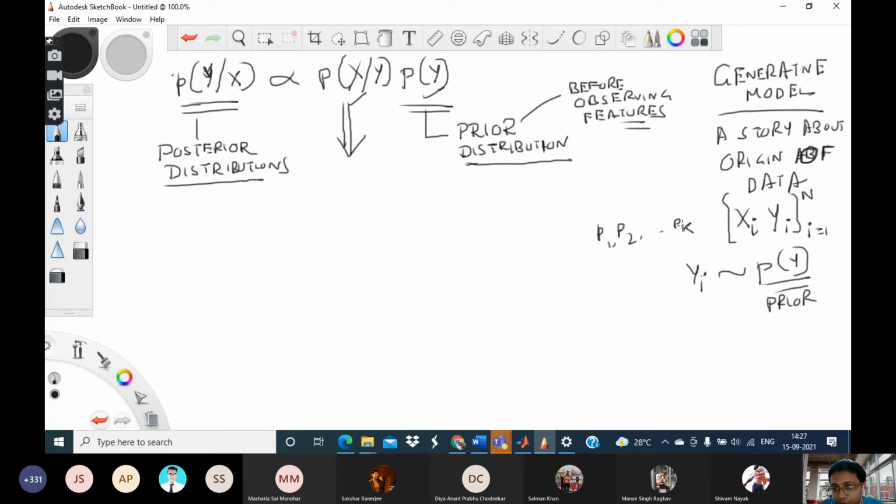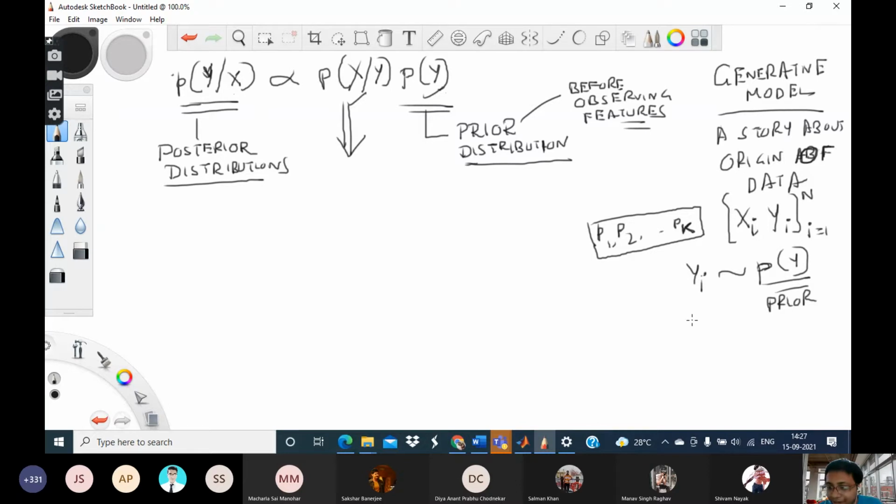So a total of capital K faces are there in this dice, and each face has probability p1, p2, etc. of turning up. The creator rolled that fictitious dice and got some number, maybe 7. So yi is in that case the 7th label. This way the label of this data point was chosen.